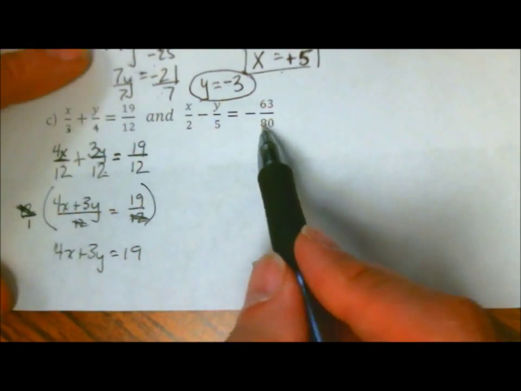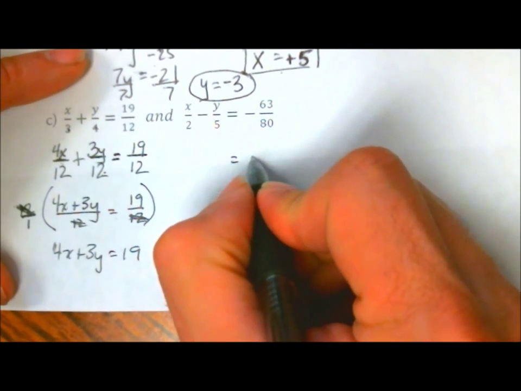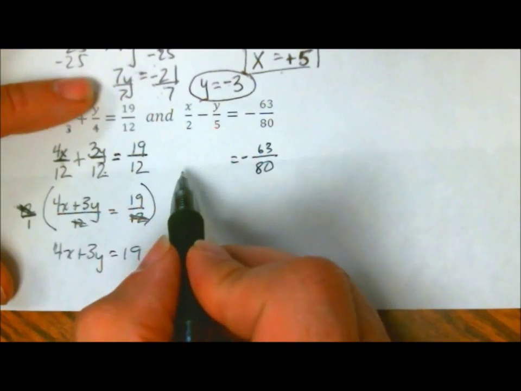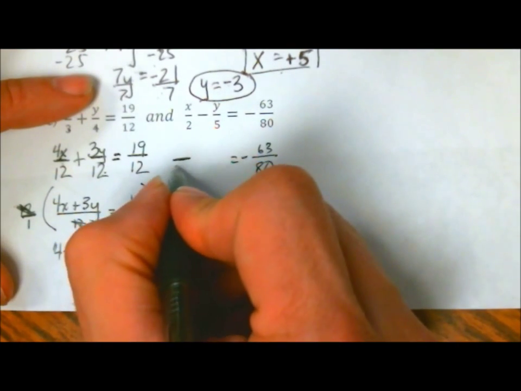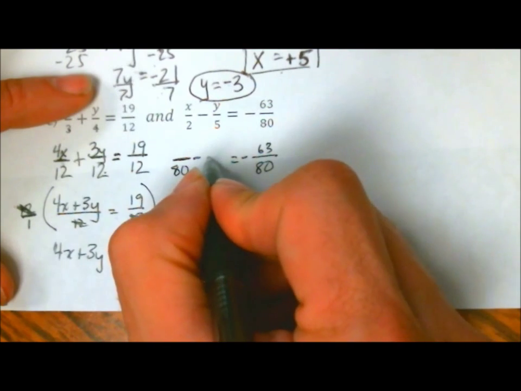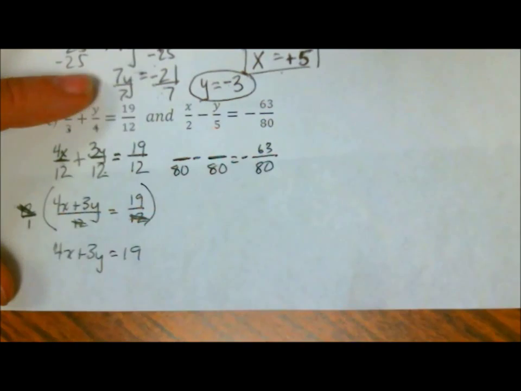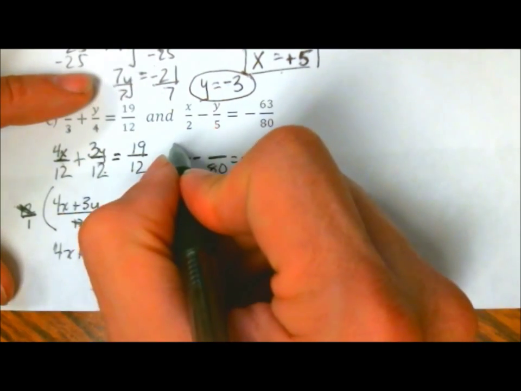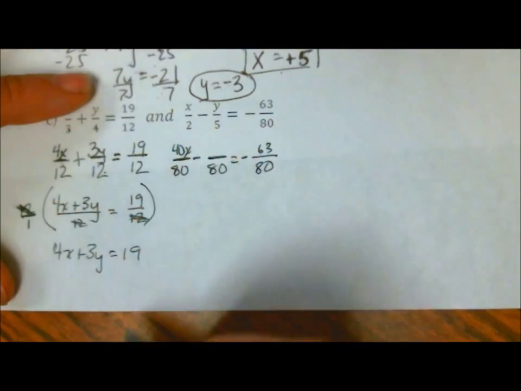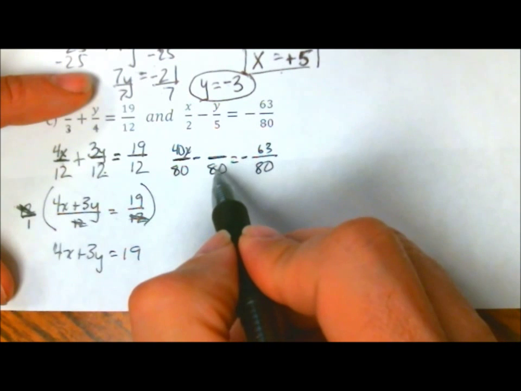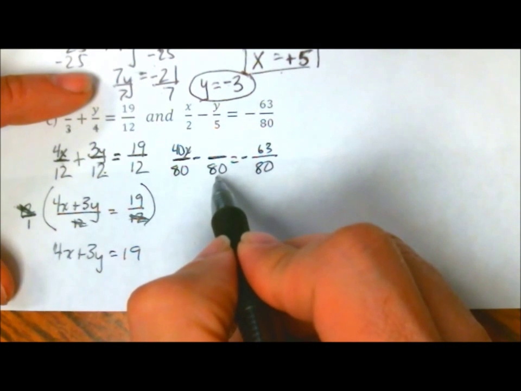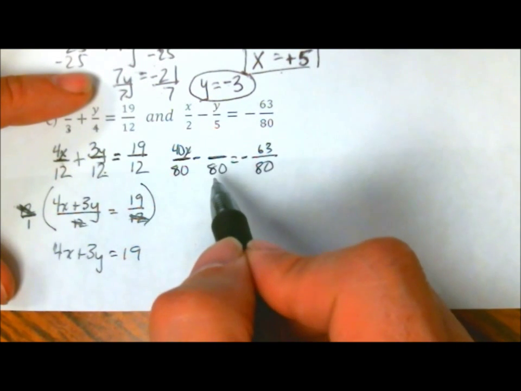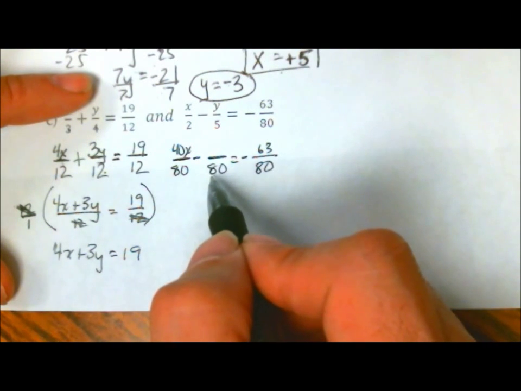I recognize that there's a common denominator of 80. So I'm just going to write that. And I have to write in my denominators here. Just like that. 2 times 40 is 80, so I'm going to multiply x by 40. 5 times, gosh, I have to think about it. 5 times 2 is 10, and 10 goes into 80 8 times.